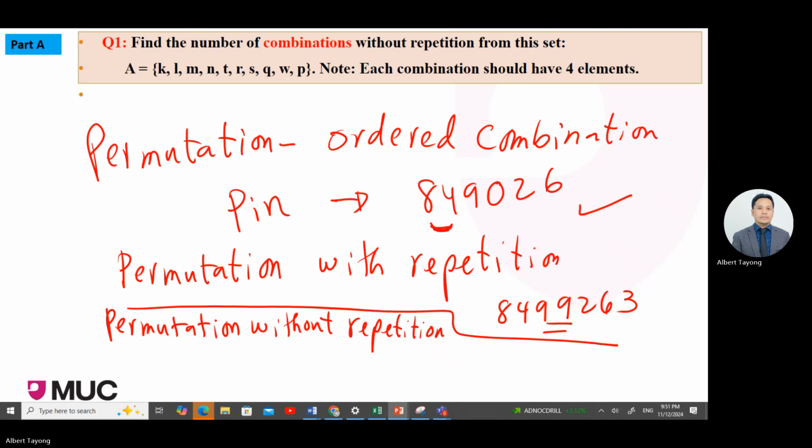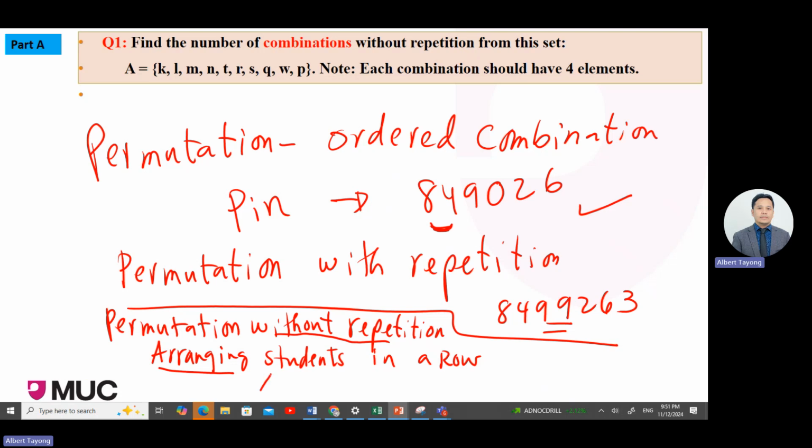When we arrange our students in a row, this is permutation without repetition because we are using the word arranging. That means the position is important and every student is unique, so without repetition.